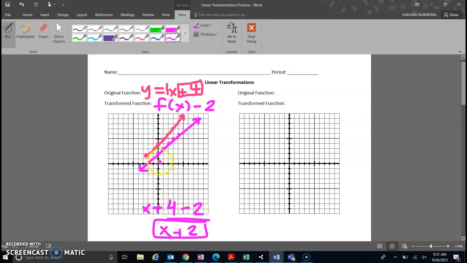You would get the same thing as this line here. You would go up 2 for your y-intercept and slope 1 over 1. So you have those two options. You can either count the units, or you can write a new equation by just subtracting 2 from your y-intercept, because that was the rule of my transformation, minus 2. Okay, so go ahead. You can pause this video or rewatch anything at any time.